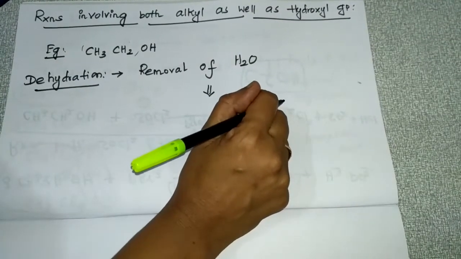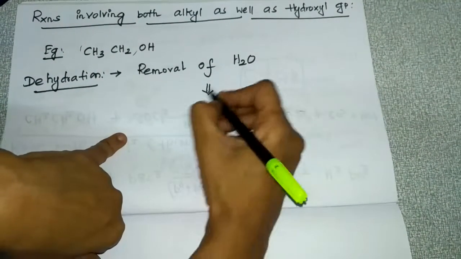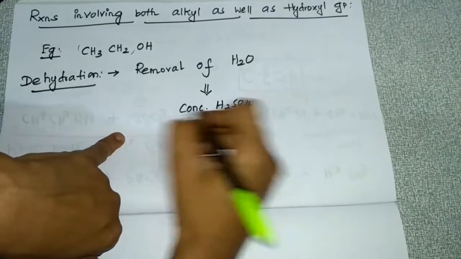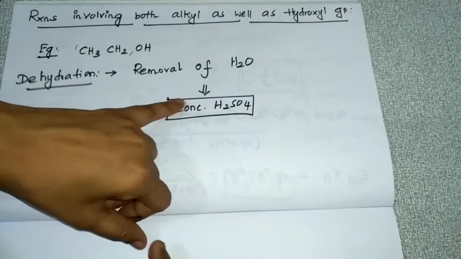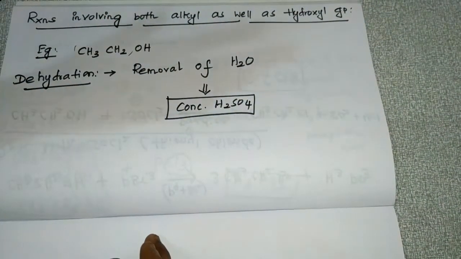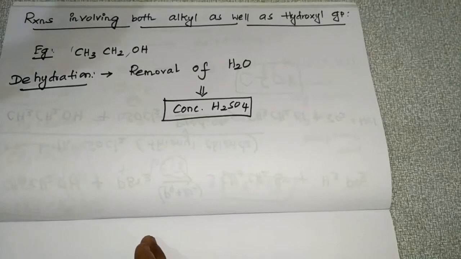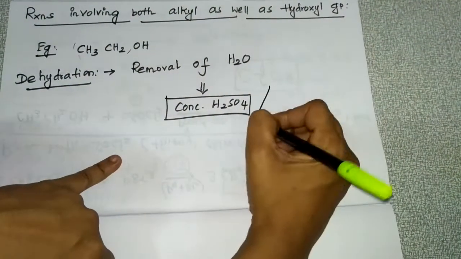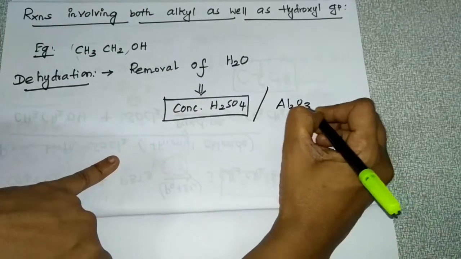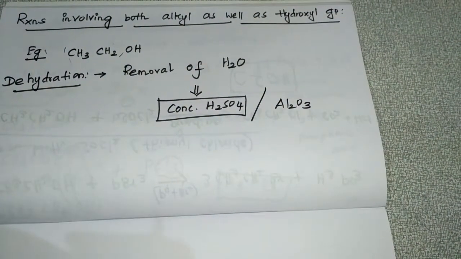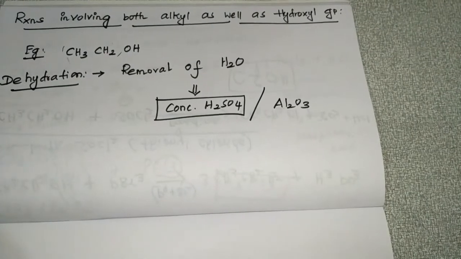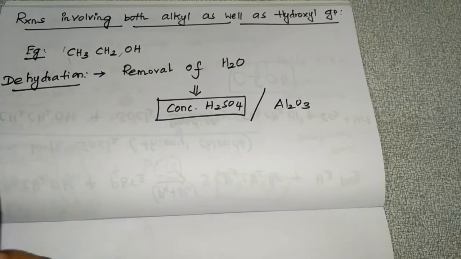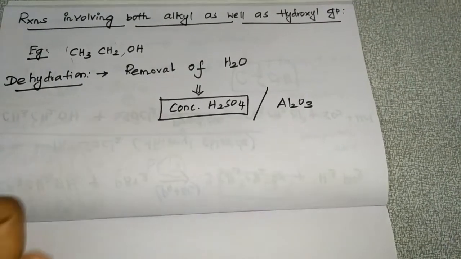You know very well the example of a dehydrating agent is concentrated sulfuric acid. By using concentrated sulfuric acid, you can remove water from alcohol, or if you pass alcohol vapors over alumina, you can remove water from that alcohol. So this is what dehydration is.